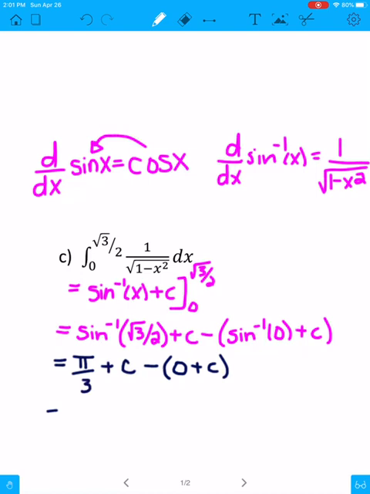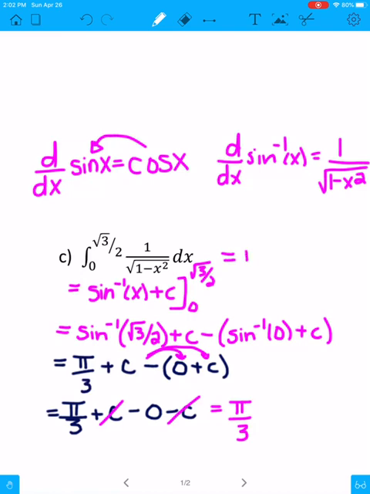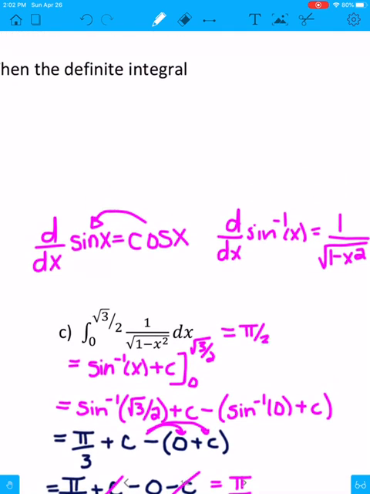So now I'm going to get pi over 3 plus c minus 0 minus c, because I have to remember to distribute that minus sign in. The c's cancel. Pi over 3 minus 0 is just pi over 3. So the answer to this definite integral, which means it's a defined one on a certain value, is pi over 3.